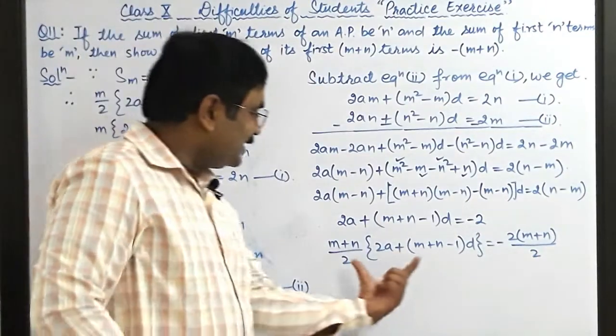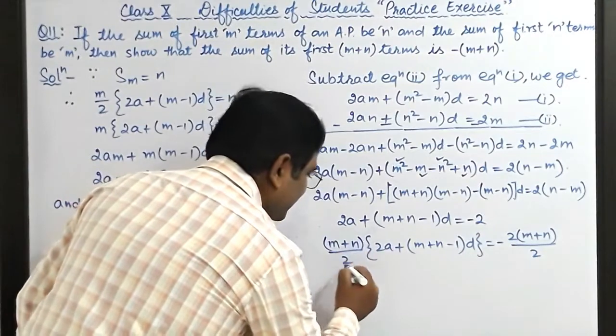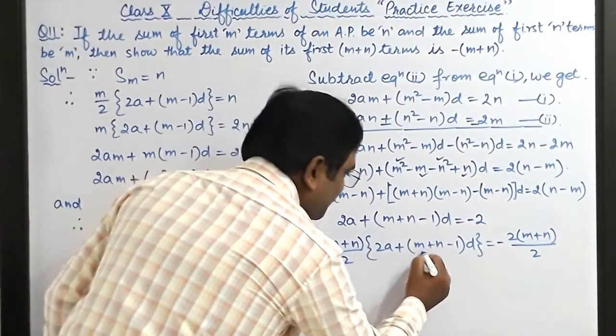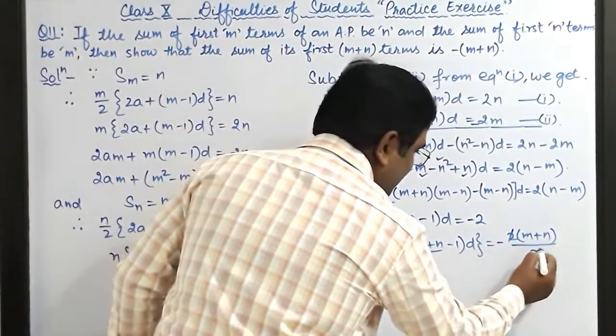Now let us think about this, it is m plus n upon 2 into 2a plus m plus n minus 1 into d, and here this 2 is cancelled.